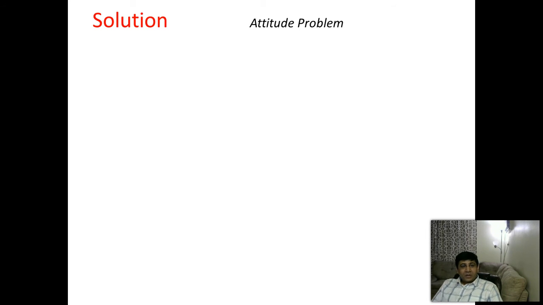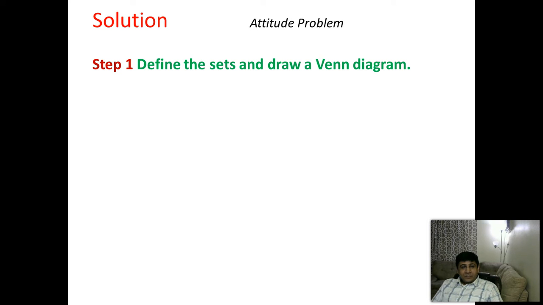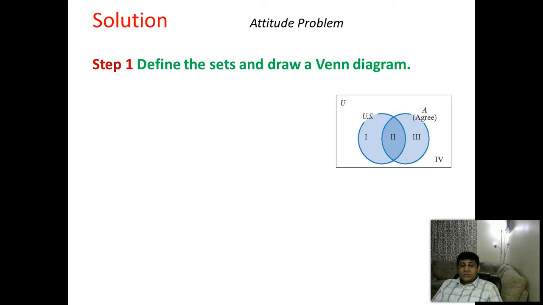Now the first step is to define and draw our Venn diagram. Based upon the information given to us, we have two sets: one set is people who agreed with the statement, and the other set is the set of US participants.